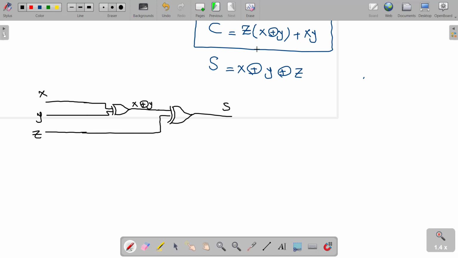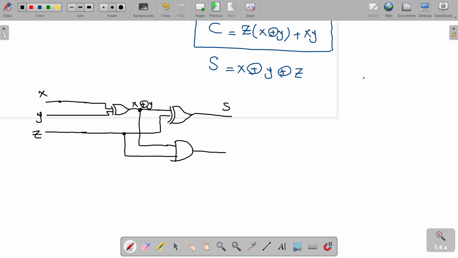So what about the C? x XOR y is ANDed with z. It means that here is x XOR y, and here is z. Now we AND. Then we have x y.